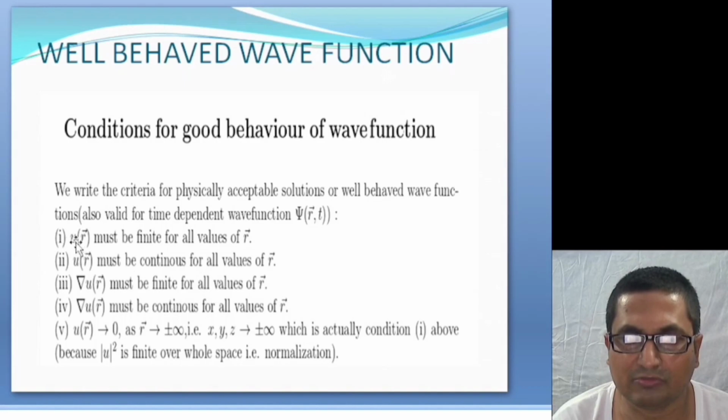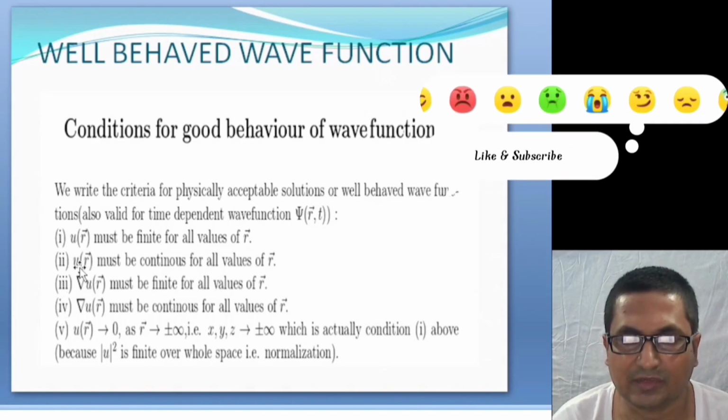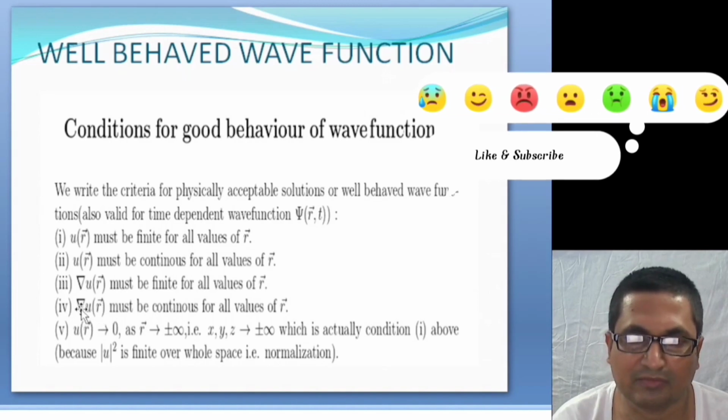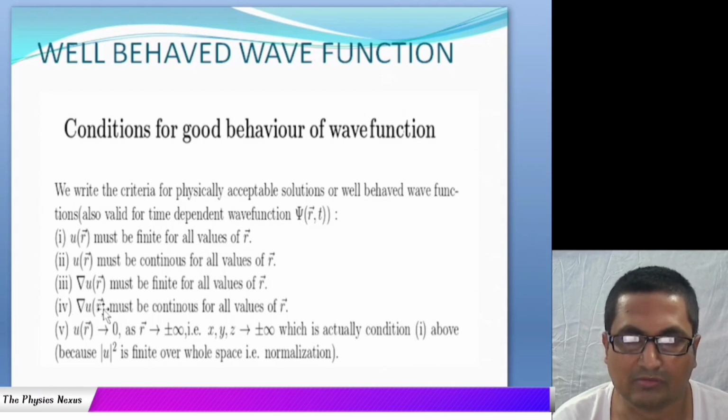If you look at conditions 1 and 3 here, the first represents that the wave function is finite, and the second means the derivative of u is finite. On the other hand, condition 2 represents that the wave function is continuous, and 4 represents that the differentiation of the wave function is continuous for all values of r.